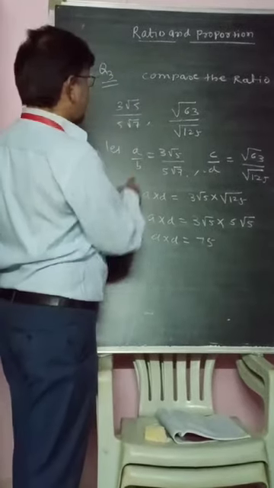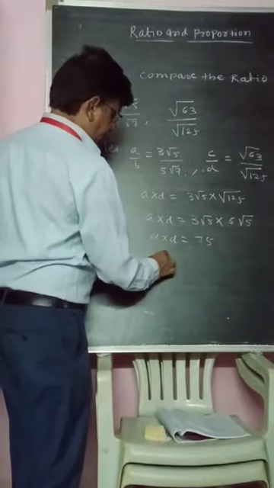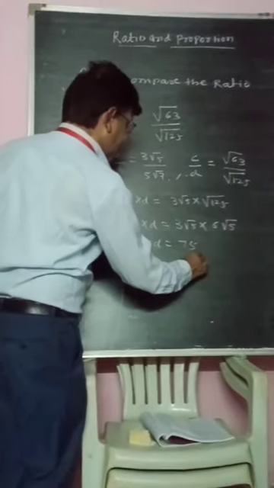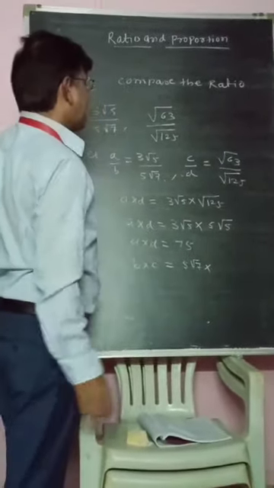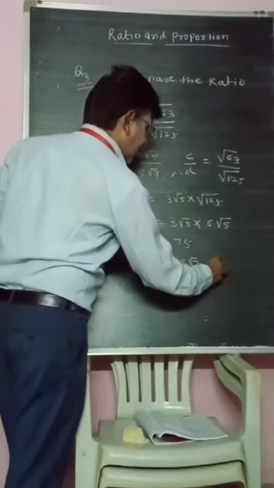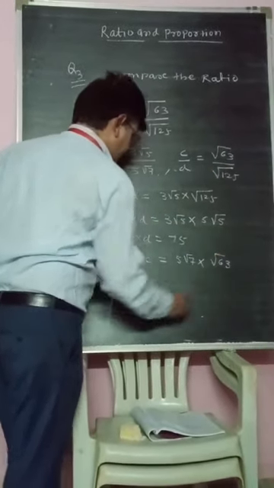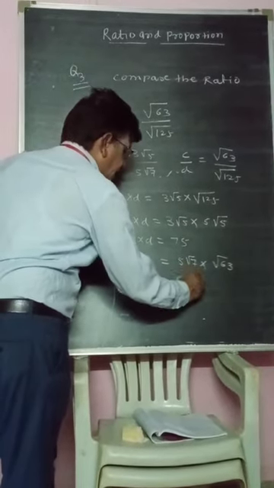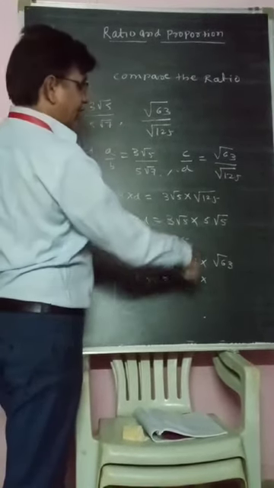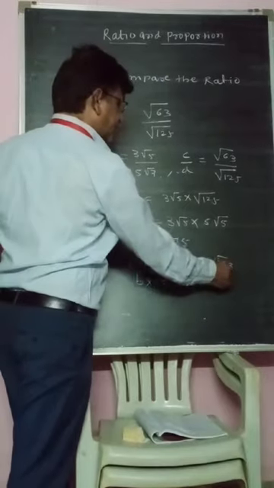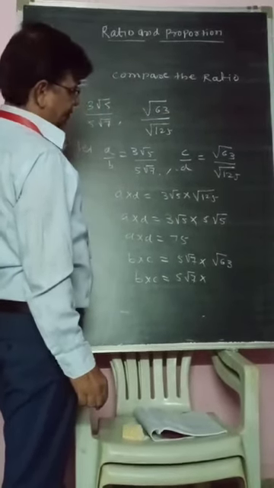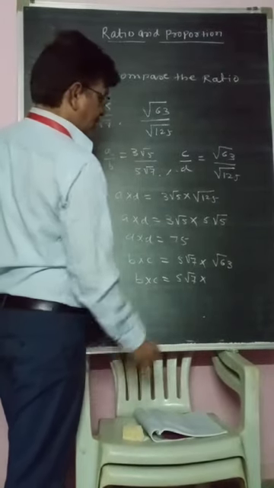Now you have to find out b into c. B into c is b, which is 5 root 7, into c, which is root 63. So b into c is 5 root 7 into the square root of 63. 9 7s are 63.